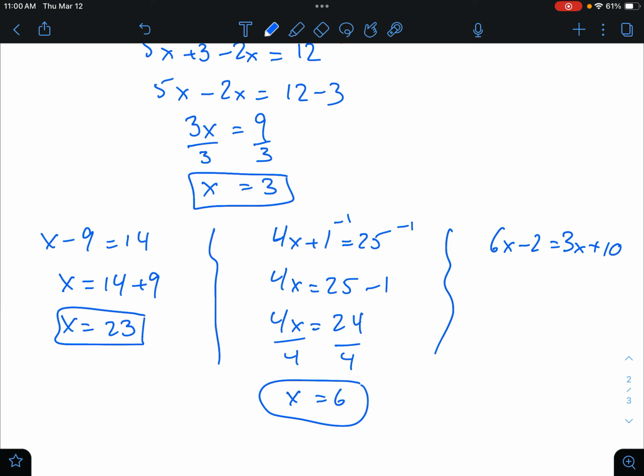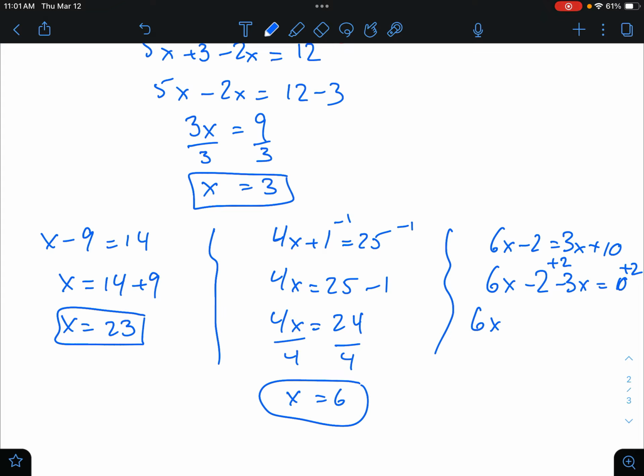The last one, a little bit more complicated. First thing I'm going to do is subtract 3x from both sides. So we're going to end up with 6x minus 2 minus 3x equals 10. Next thing I'm going to do is add 2 to both sides. If you have minus 2 and you add 2, that becomes a 0.